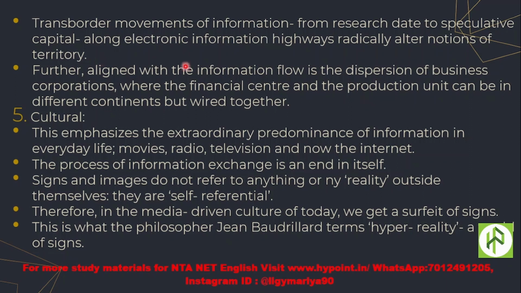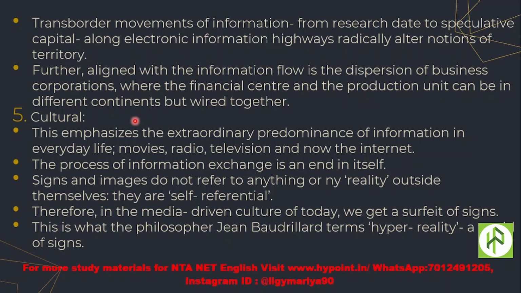Further aligned with the information flow is the dispersion of business corporations, where the financial center and the production unit can be in different countries but wired together. So this trans-border movement of information also makes the production of various things trans-border, located in different regions on this planet, while the financial center will be fixed in a particular first world country.